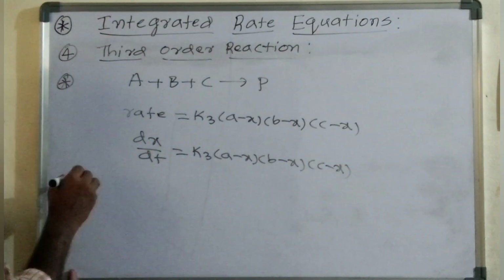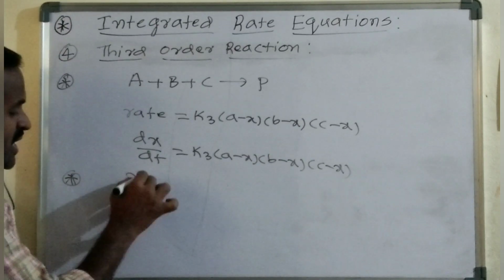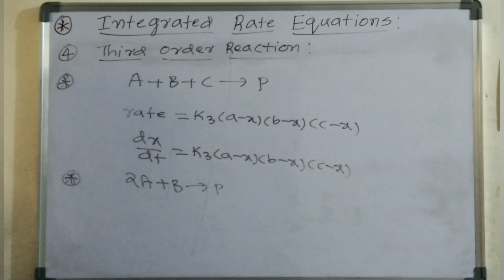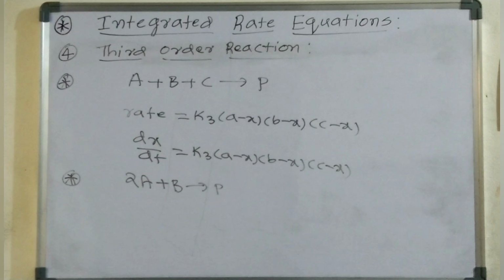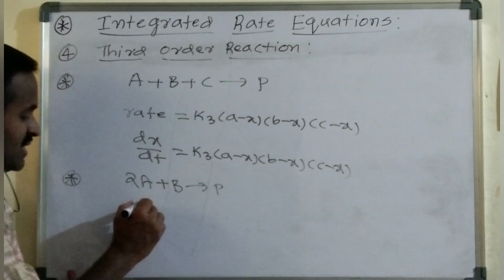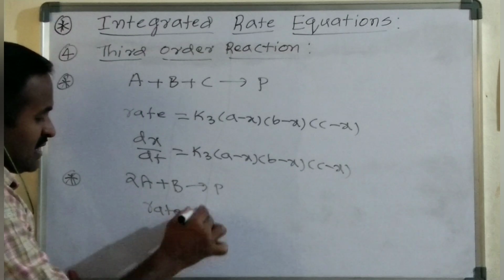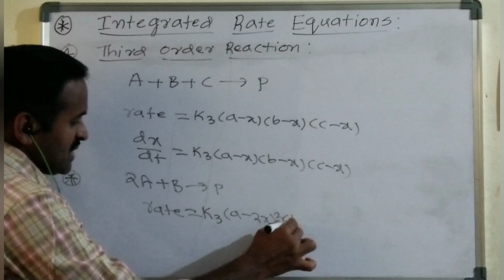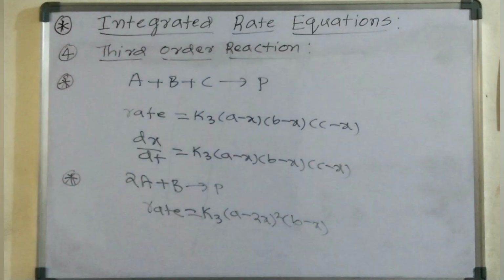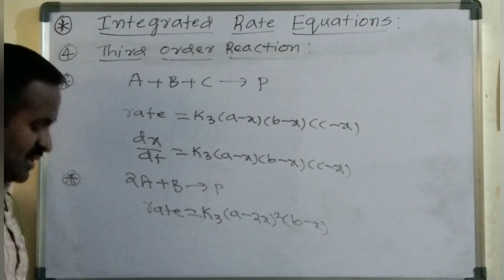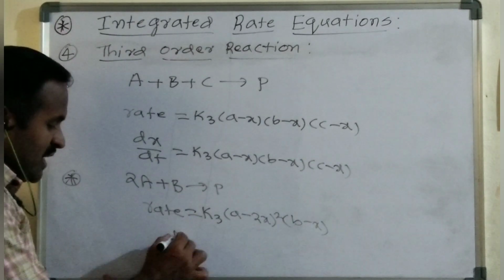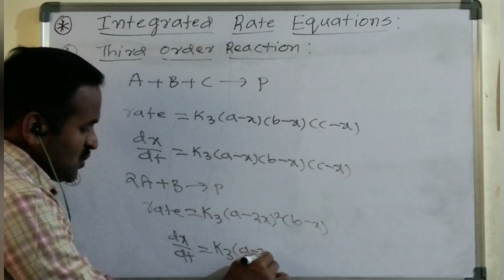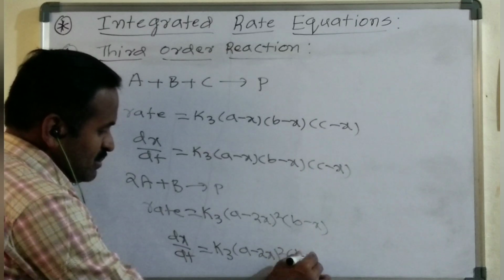Another possibility for the third order reaction is 2A plus B giving rise to the product. For this kind of reaction, the rate is equal to the rate constant K3 into a minus 2x whole squared into b minus x. So dx by dt is equal to K3 into a minus 2x whole squared into b minus x.